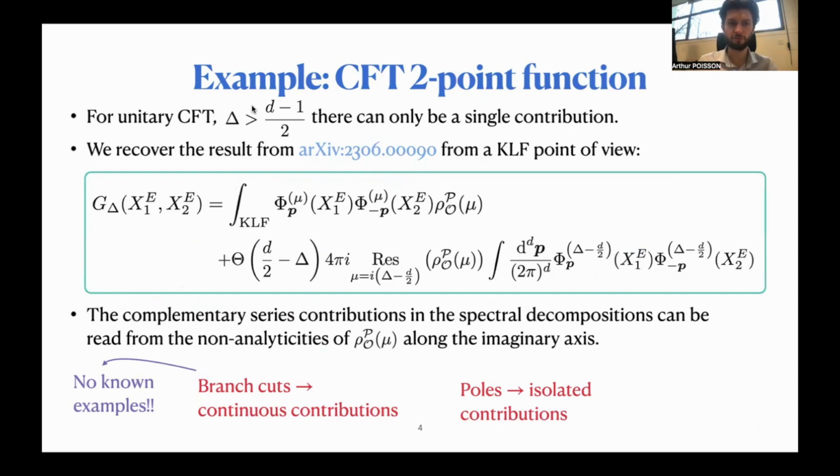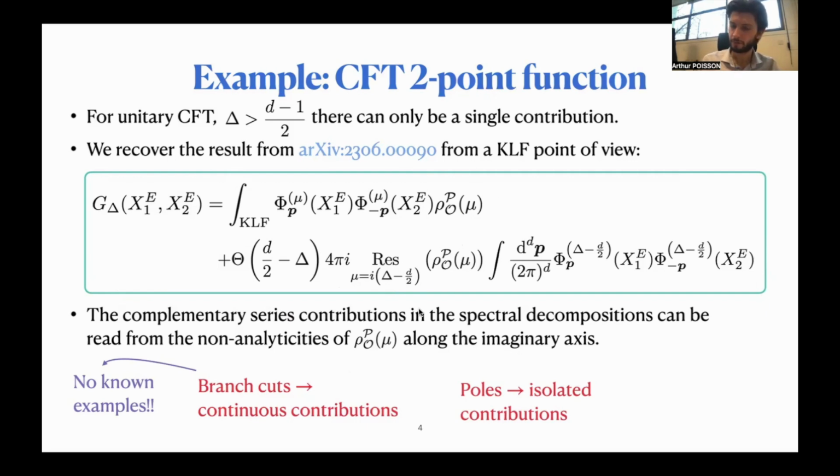Since we restricted our analysis to unitary CFTs, then there could be only a single contribution from the complementary series, and it is given by this. So it's good because we recover the results of this paper. And then you can see that this contribution can be read from the poles of the principal series contributions.